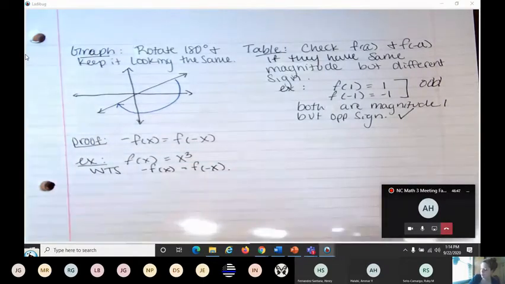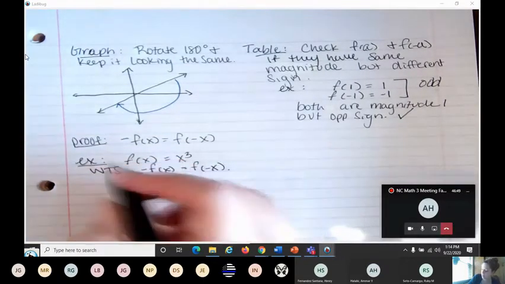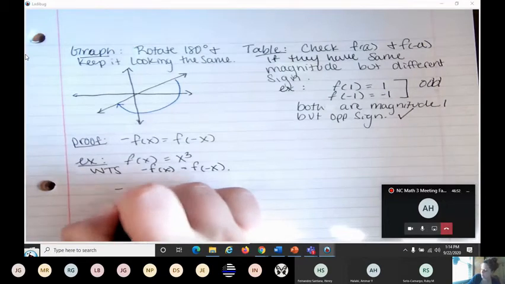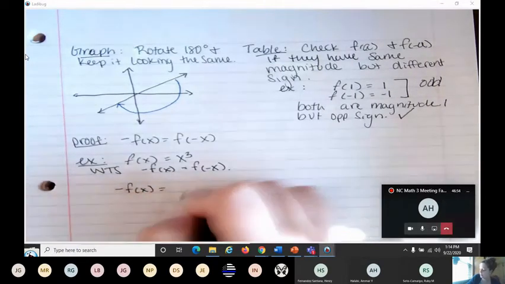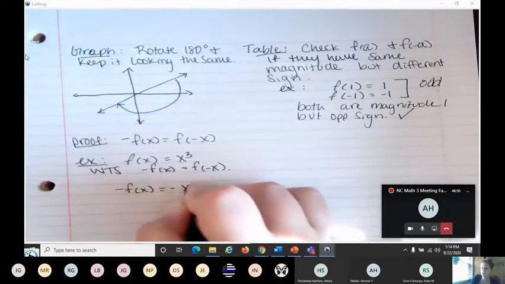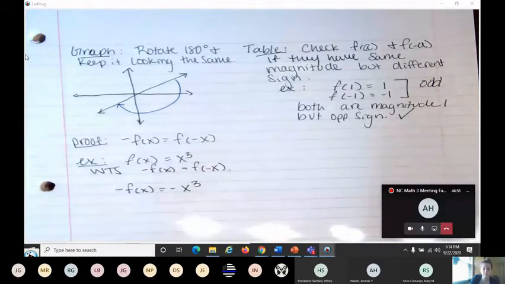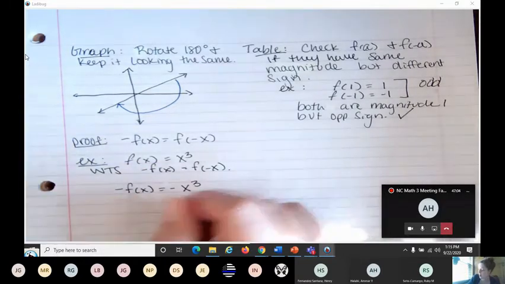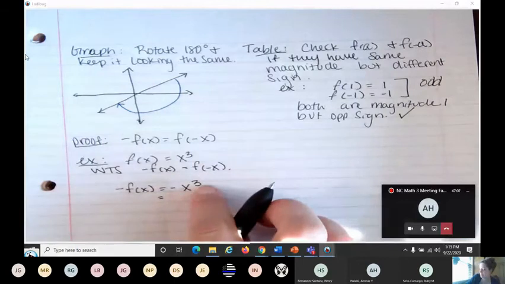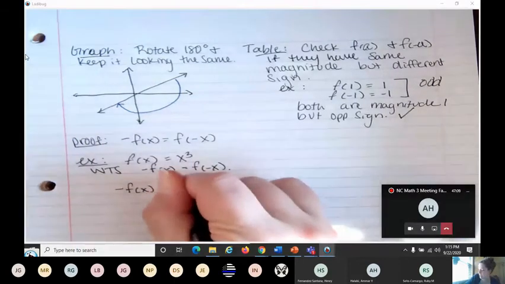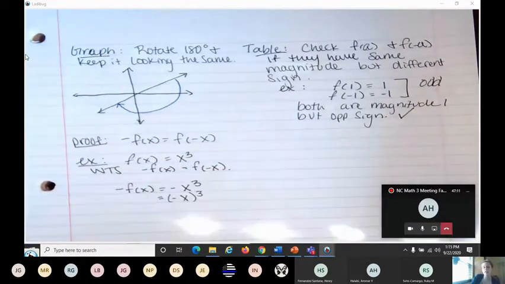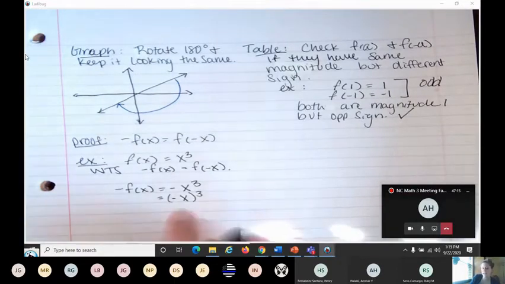So I'm going to start with my f of x, and I'm going to make it negative. So negative f of x is going to be equal to negative x cubed. Right? I just put a negative in front of both of these sides, and that's okay. But because this is cubed, I can stick that negative inside the cube, and it would still be the same because cubing preserves that negative sign.